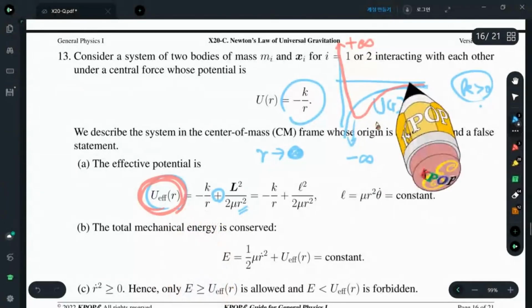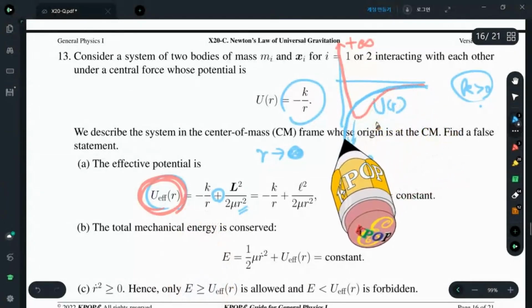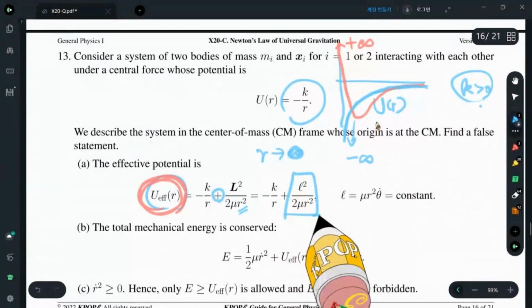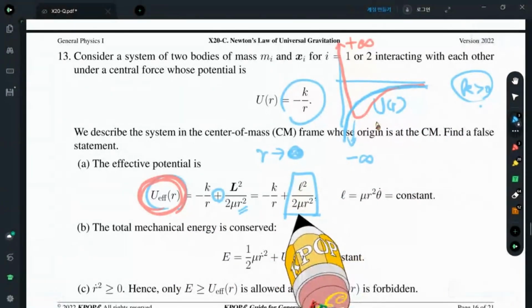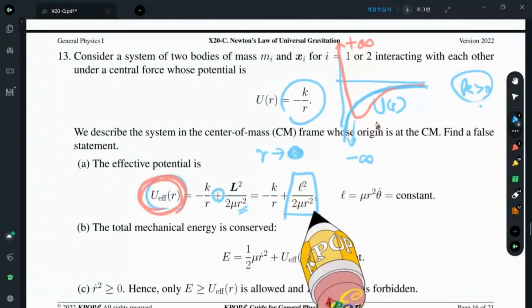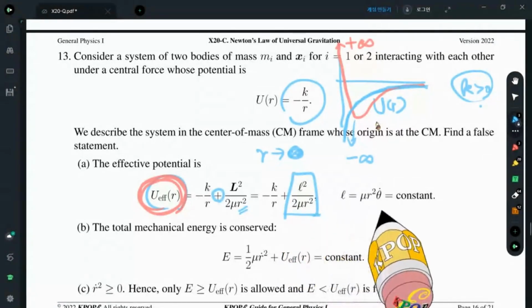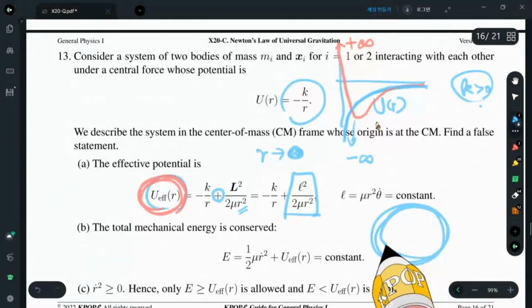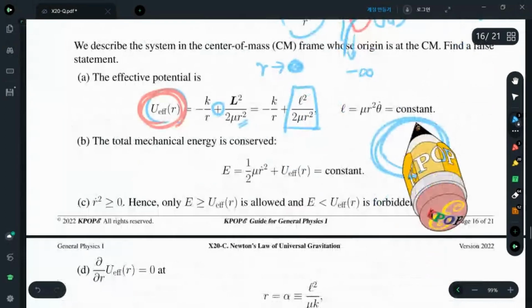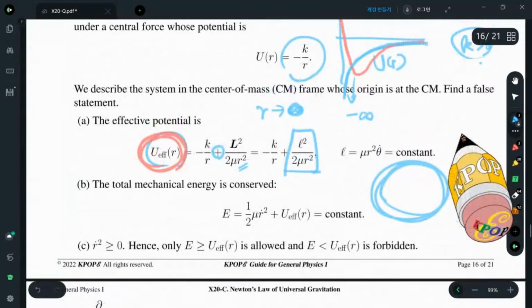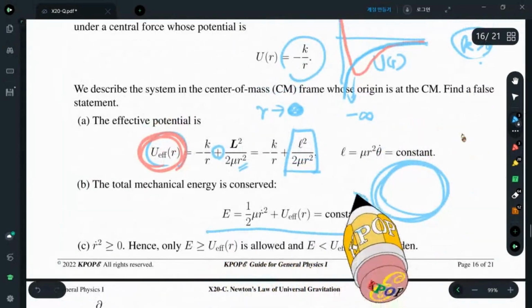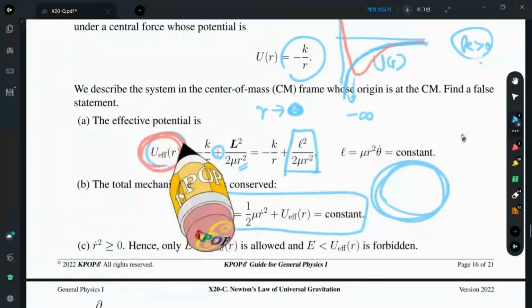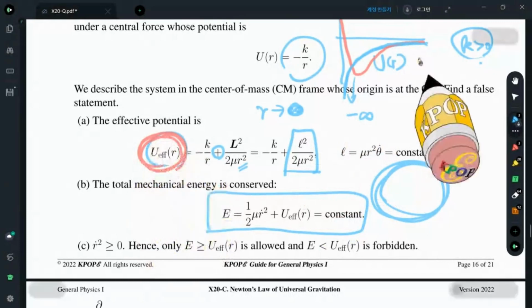That is strictly different from the potential energy. The additional piece comes from the conservation of angular momentum, and this is actually the rotational kinetic energy. So anyway, we can reduce this problem into a one-dimensional problem with this effective potential.